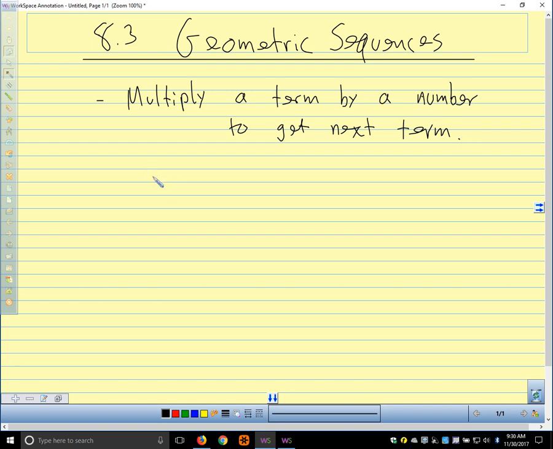So what we're saying is a sub n equals a sub n minus 1, the previous term, times some number, r. And we call r the common ratio.